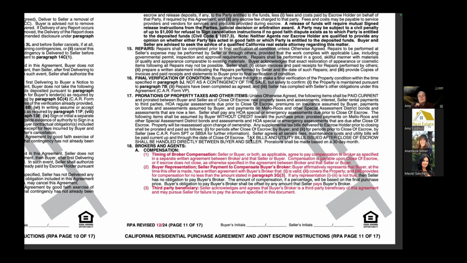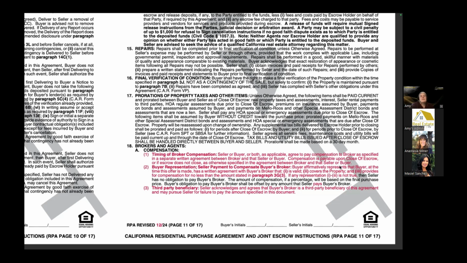The amount of compensation, if a percentage, will be based on the final purchase price. Buyer's obligation to pay buyer's broker shall be offset by the amount that the seller pays buyer's broker. Third-party beneficiary: seller acknowledges and agrees that buyer's broker is a third-party beneficiary of this agreement and may pursue seller for failure to pay the amount specified in the document.